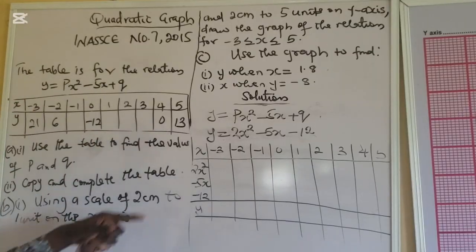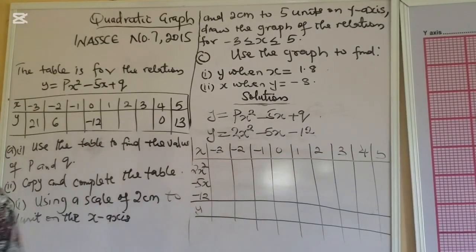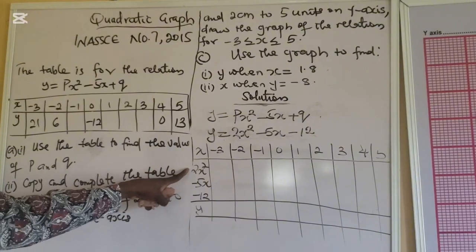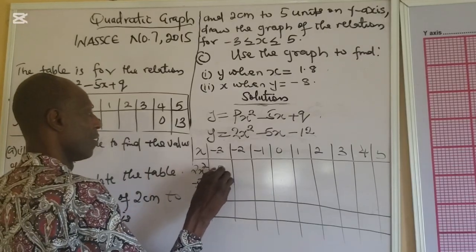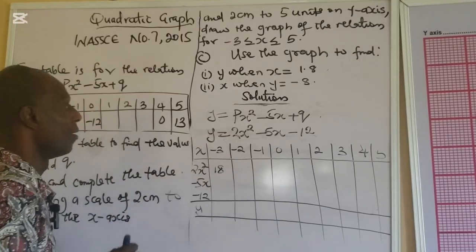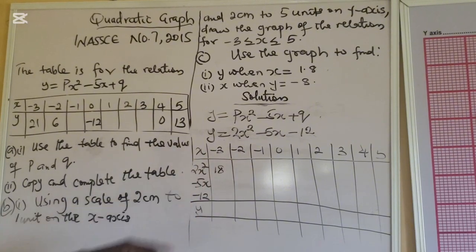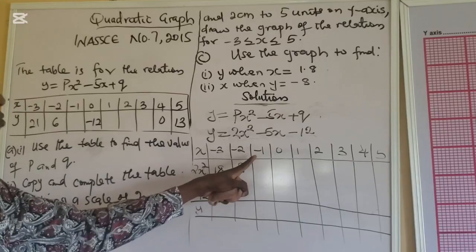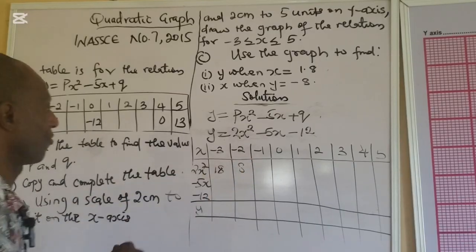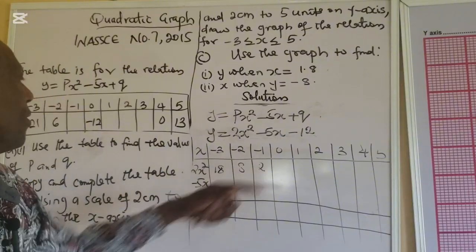All right. When you want 2x squared, it means I will square all the values of x, then multiply the result by 2. So minus 3 squared is 9, 9 times 2 is 18. Minus 2 squared is 4, 4 times 2 is 8. Minus 1 squared is 1, 1 times 2 is 2. Here is 0.